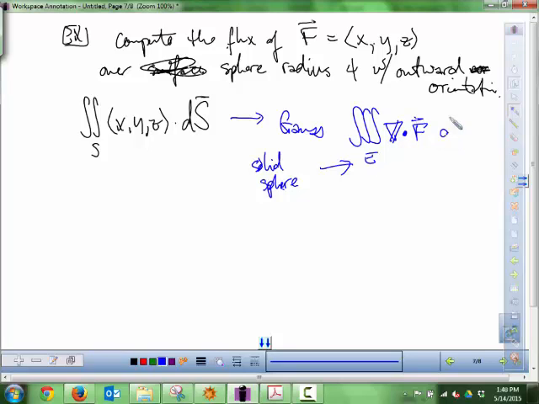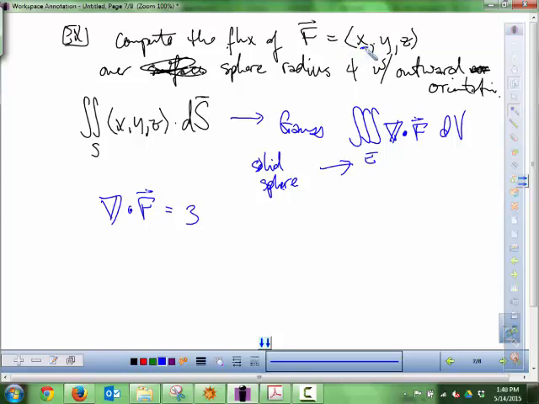Remember how to take the div? What's the div of F? Wait, is it a vector or a scalar? So what is it? All right.